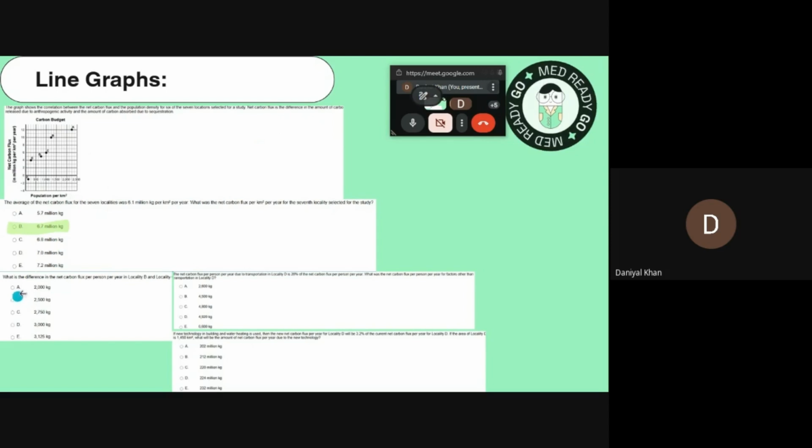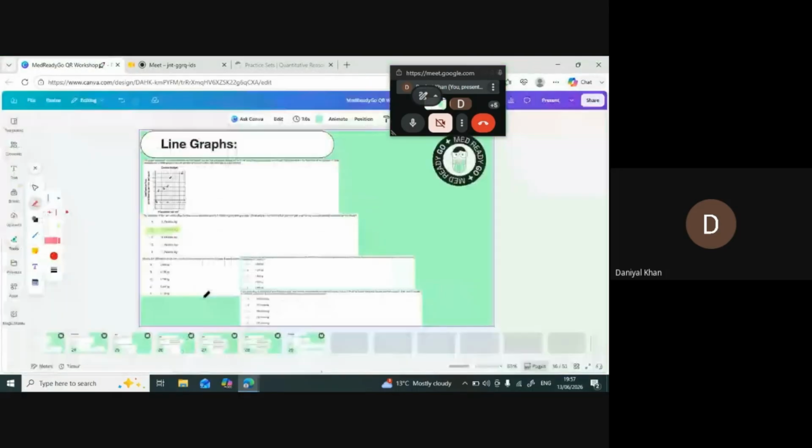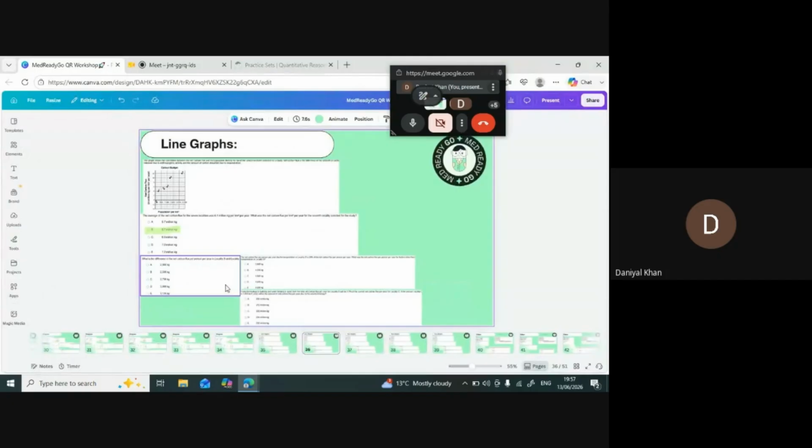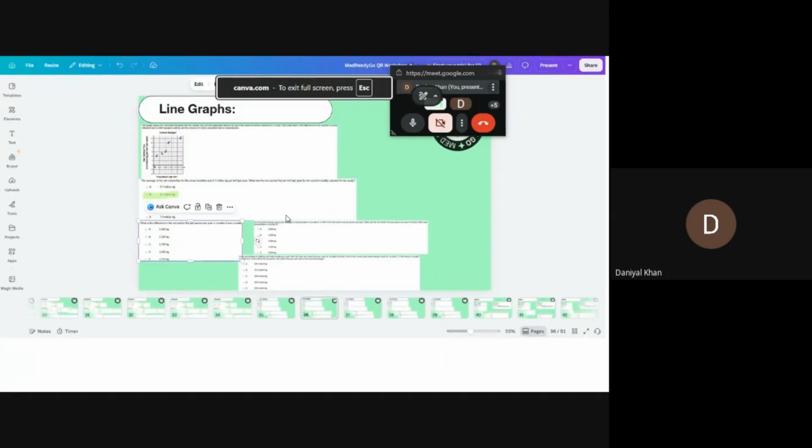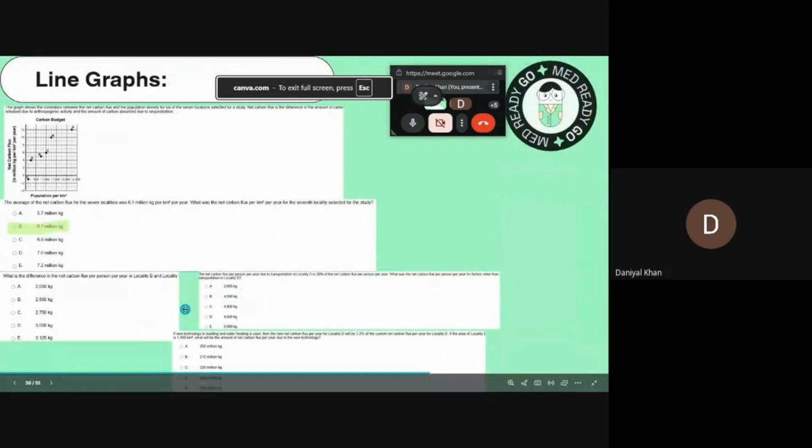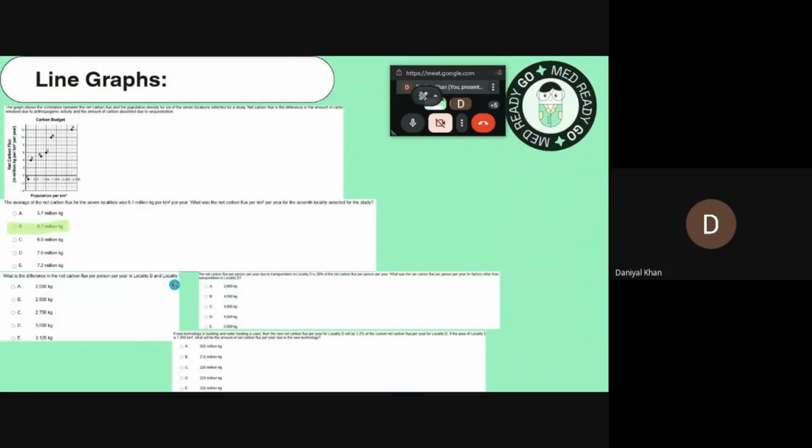So anyway, moving to the next question. What is the difference in the net carbon flux per person per year in locality B and locality... I'm not sure what that question is. Questions cut off, guys.